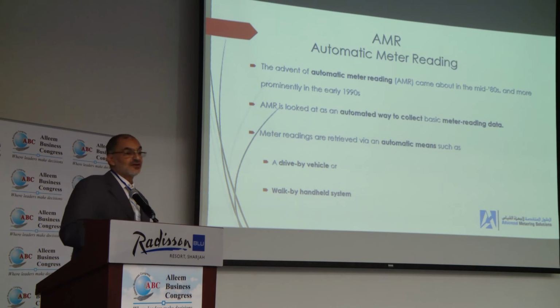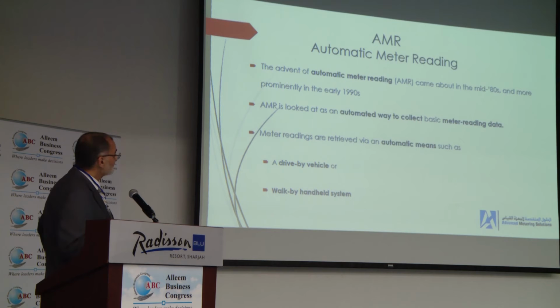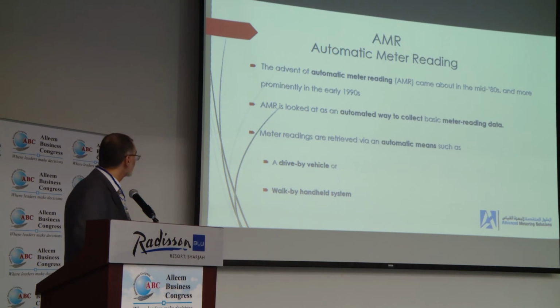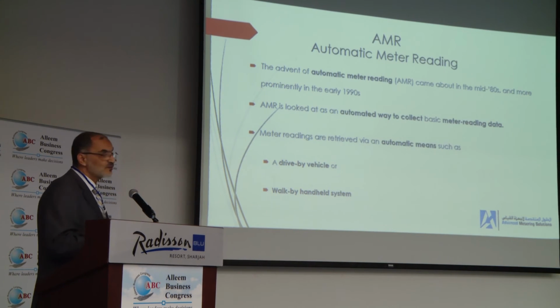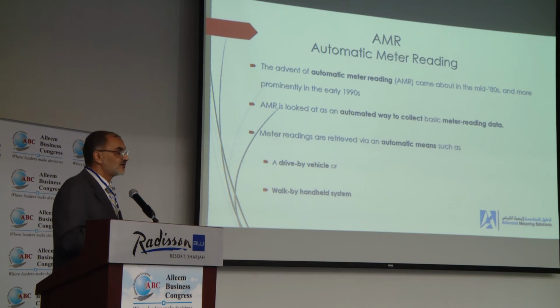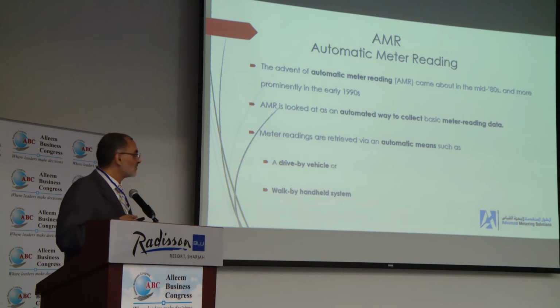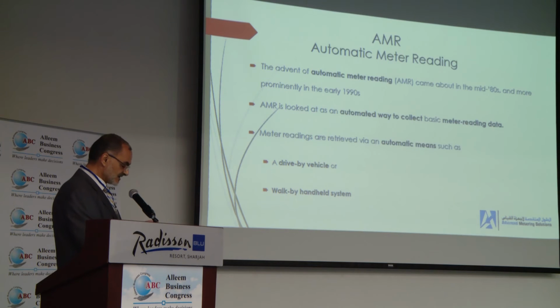Automatic meter reading can be looked at as an automated way to collect basic meter readings. And the meter readings are retrieved from the meters through either drive-by vehicle or walk-by handheld systems.